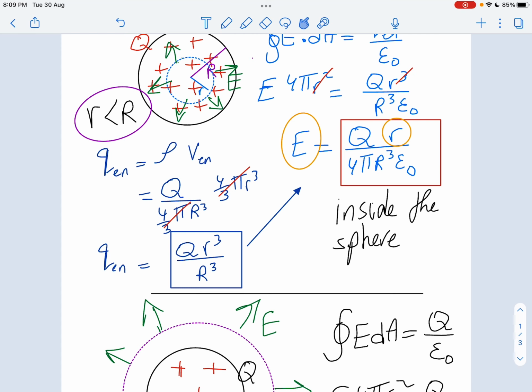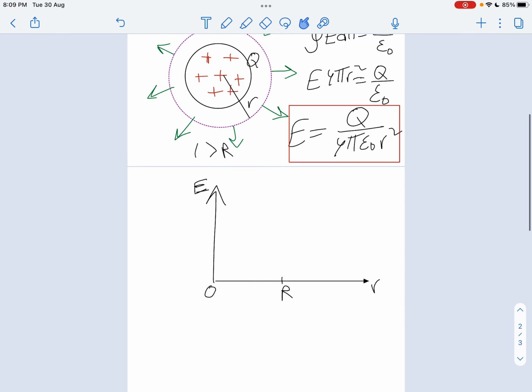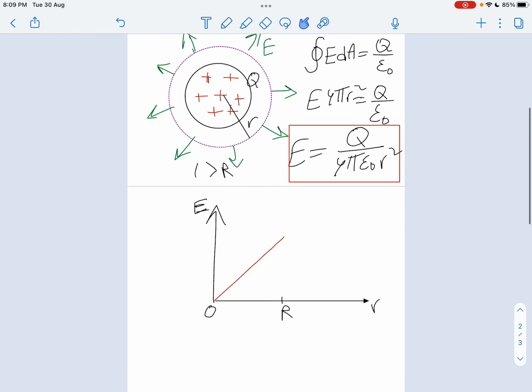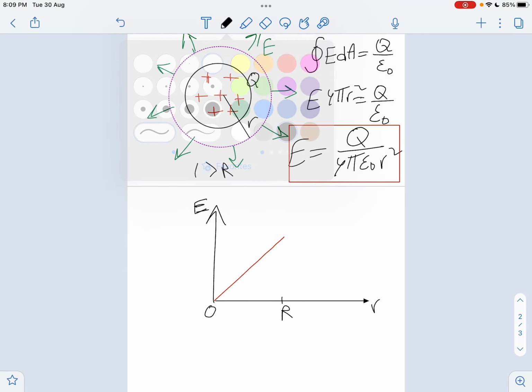So the relation is linear. Then the graph is going to be simply a straight line for r smaller than R. Exactly at r equal R, you can take any of those two equations. You are going to get the value of this electric field, Q over 4 pi epsilon 0 capital R squared.